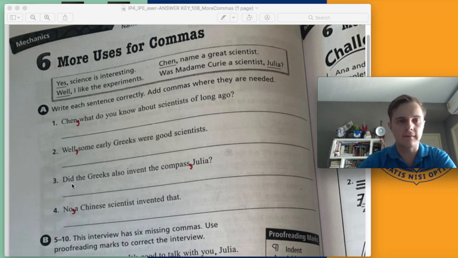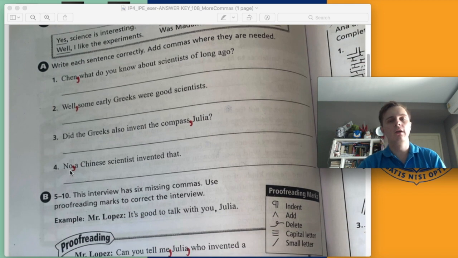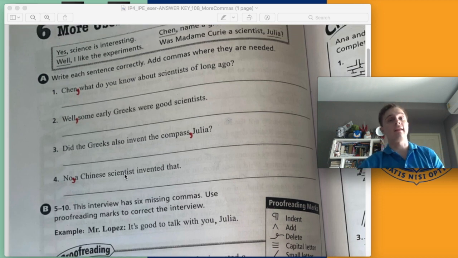Number three, did the Greeks also invent the compass, comma, Julia? We use a comma to separate Julia from the rest of the sentence. And number four, no, comma, a Chinese scientist invented that. So give yourselves a score out of 4, and hopefully you've all got 4 out of 4 there.